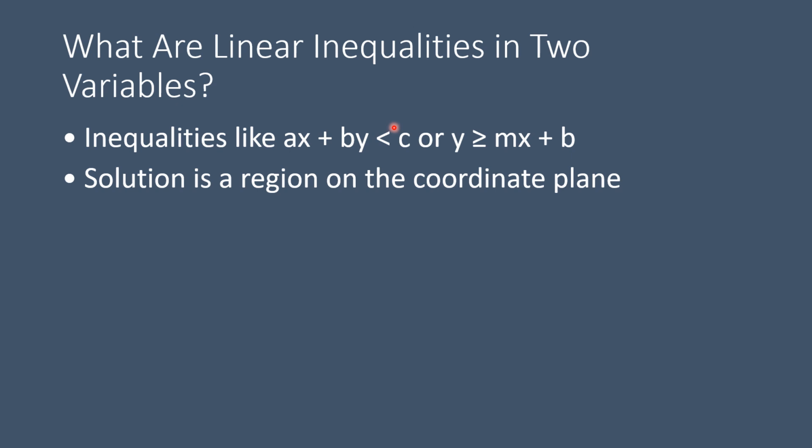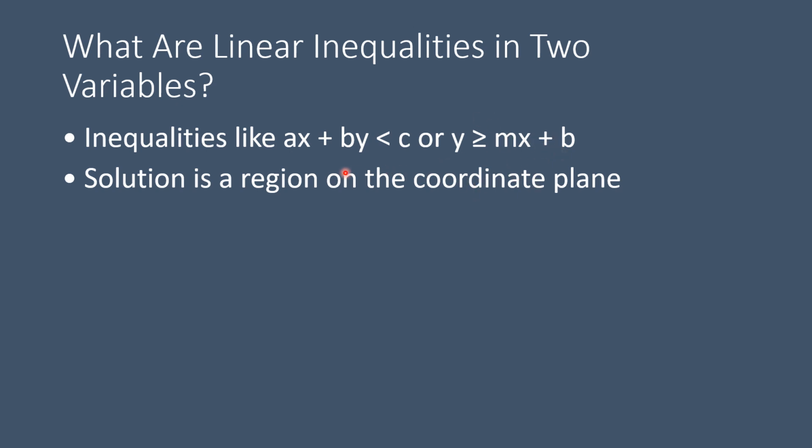This time we are going to deal with inequalities with two variables of the form ax plus by less than c, or y greater than or equal to mx plus b. This is the general representation of them. It means that we can have ax plus by less than or equal to c, y greater than mx plus b.